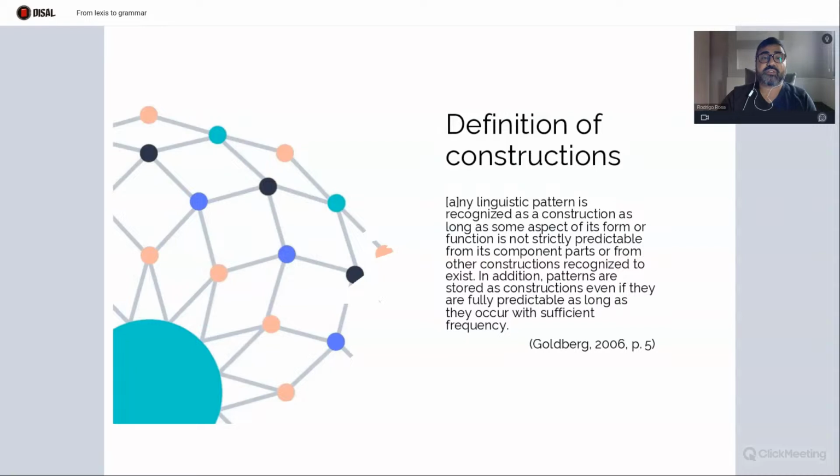In addition, patterns are stored as constructions even if they're fully predictable, as long as they occur with sufficient frequency. Okay? So, can you see some sort of similarities and agreements between the definition of a phraseologism on the one hand and the definition of what constructions are?